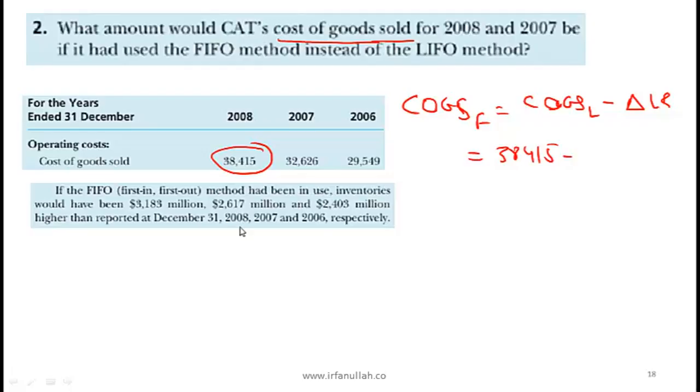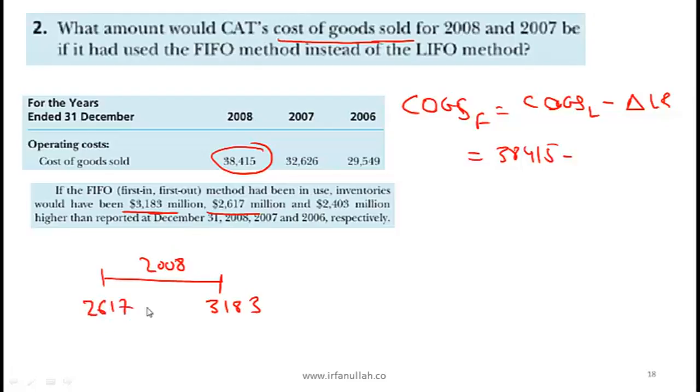The way you get the change in LIFO reserve, if this is 2008, this is the beginning, this is the end. The 3183 represents the LIFO reserve at the end of 2008 or beginning? This is the LIFO reserve at the end, 3183. What's the LIFO reserve at the beginning of 2008? That is the ending of 2007, which is 2617.